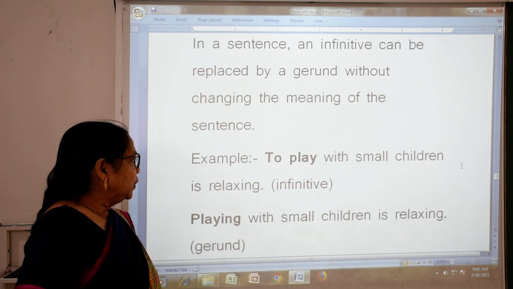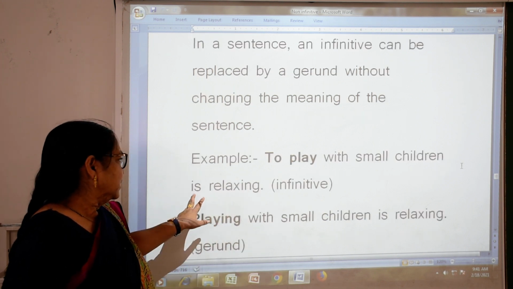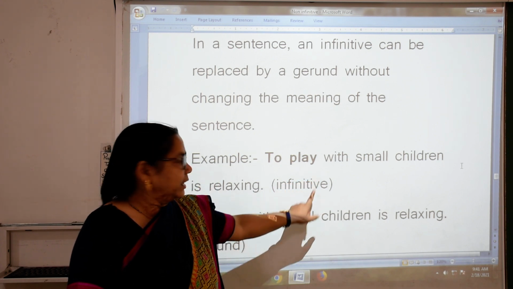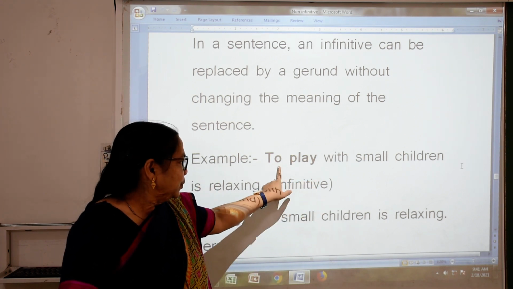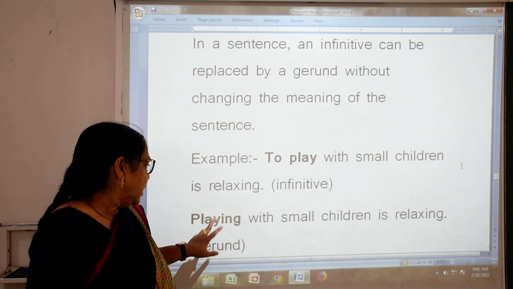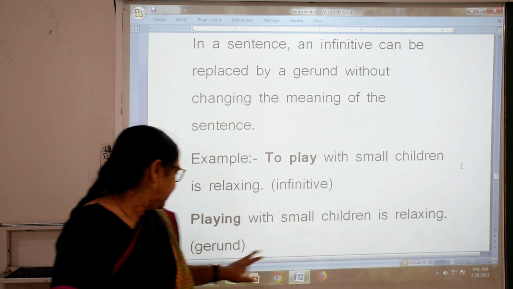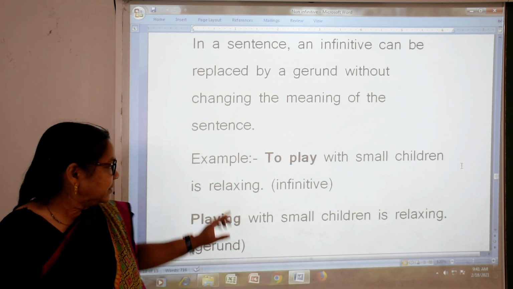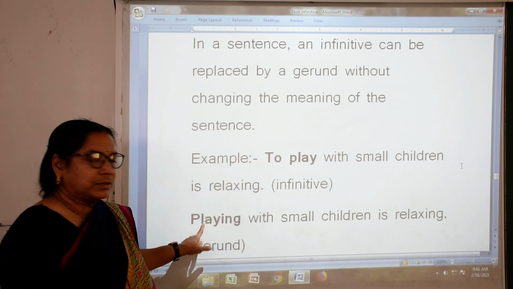So example: to play with small children is relaxing. Here to play is what? Infinitive. To play with small children is relaxing. Now, playing with small children is relaxing. See here the gerund is used without changing the sentence.